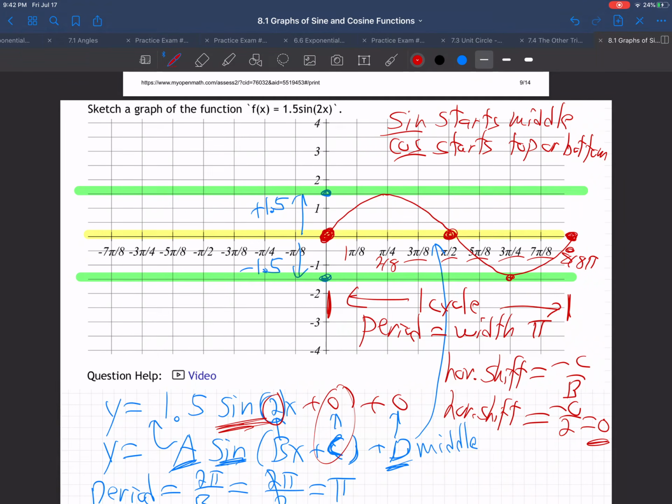So there it is. When you use the tools to graph this, let me show you what the tools look like. That wasn't so well done, was it? Let's try again. So middle, high, low, high, and it finishes like that.